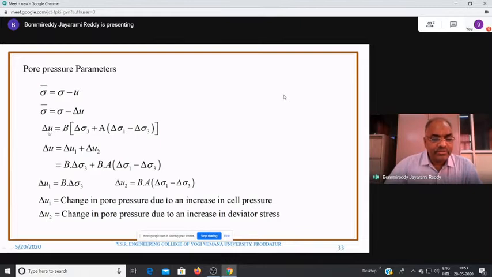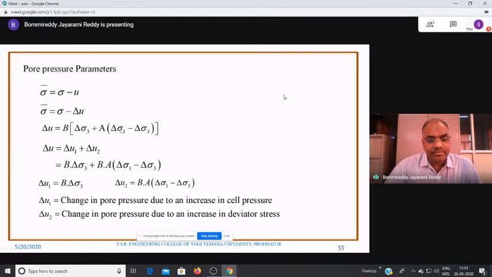So here delta U can be written as B into delta sigma 3, where delta sigma 3 means change in cell pressure.